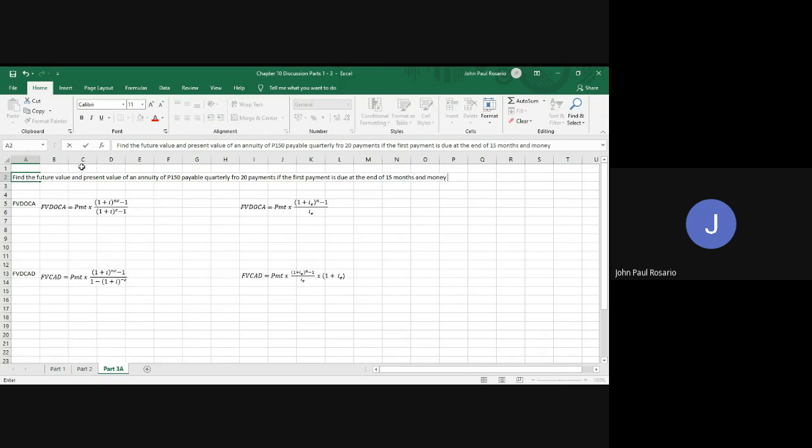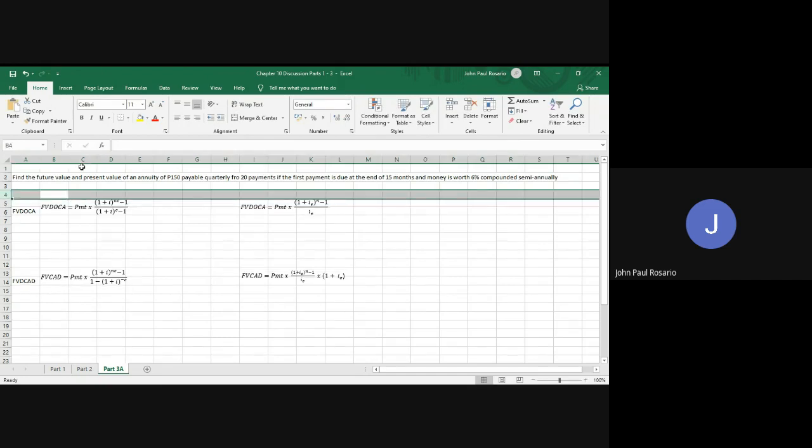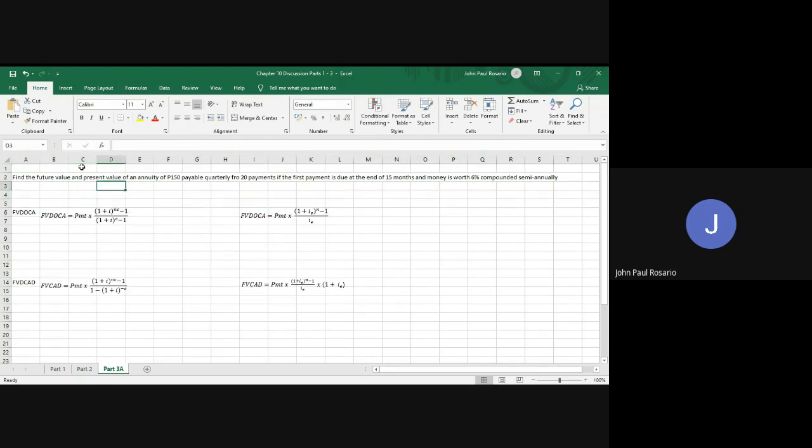and money is worth 6% compounded semi-annually. Okay, so let's identify here the necessary information.